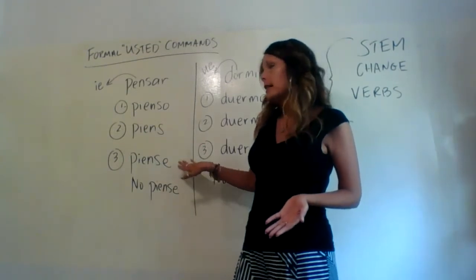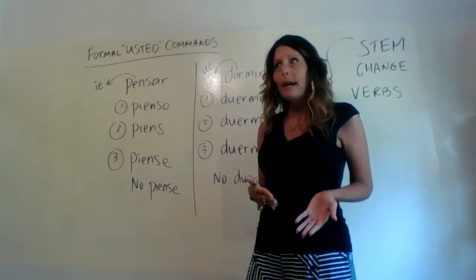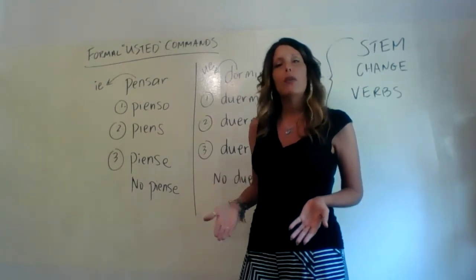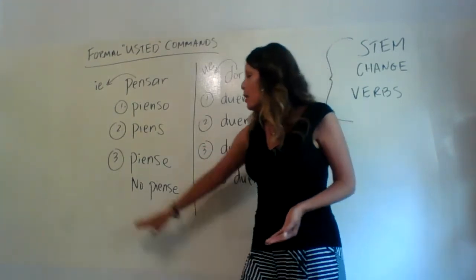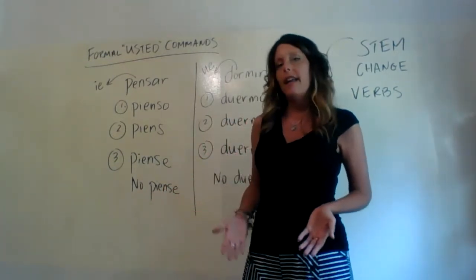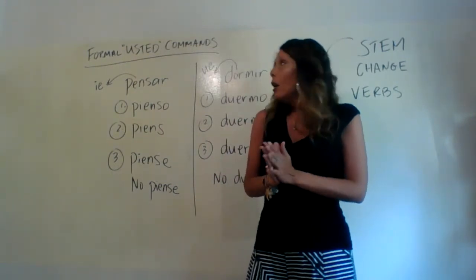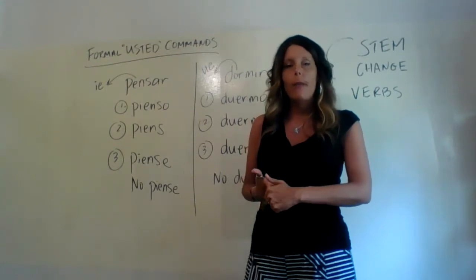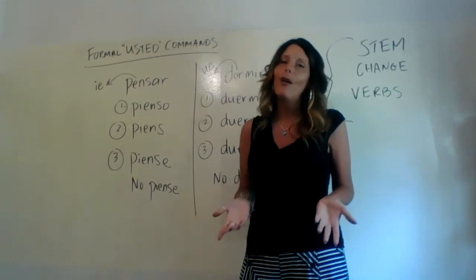So my verb is going to stay the same, whether I want to say think or don't think. My piense is going to remain the same. So my affirmative command, piense. My negative command, no piense. So please remember that our verb conjugations with formal usted commands are not going to change. If we want to make them negative, we just put the word no in front of it.